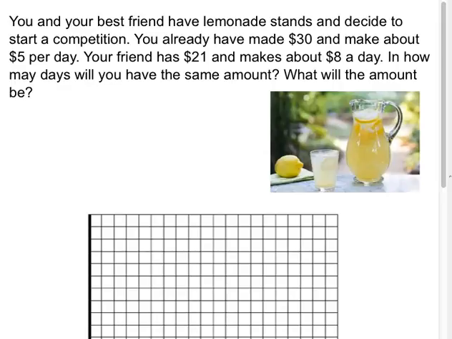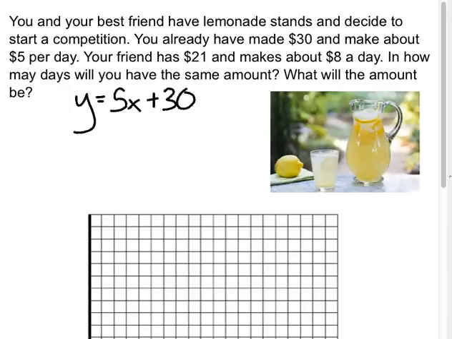All right, so word problem. You and your best friend have lemonade stands and decide to start a competition. You've already made $30 and make about $5 per day. So if we're tracking your money, you make $5 per day and you already have $30.